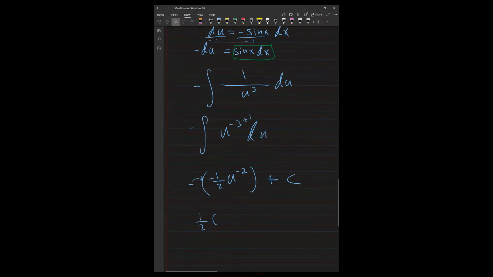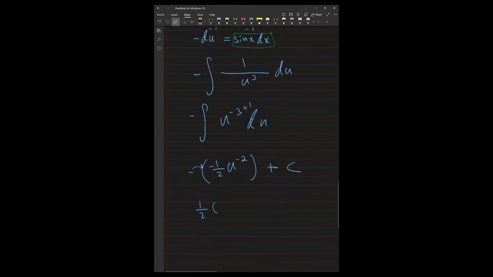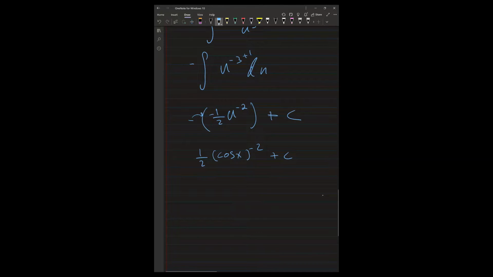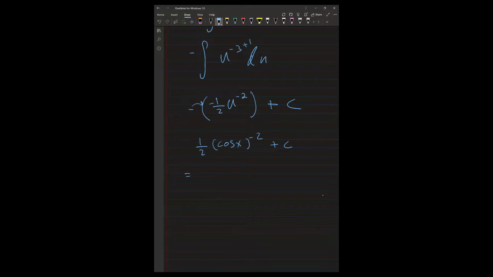U is cosine x. Cosine x raised to the -2 power plus c. And this is the same as saying 1 over 2 cosine x raised to the 2nd power plus c. And that is it. That is the 4th example.